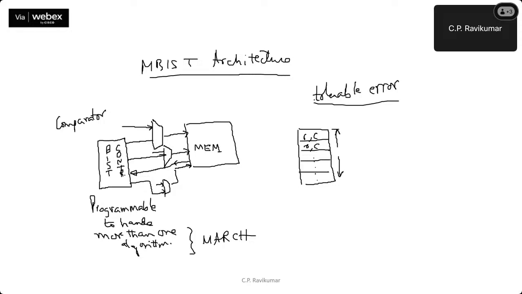But in memory, if let us say a cell is stuck at zero, imagine that memory represents some image. It is storing some image, and a few cells are stuck at zero or stuck at one. It may not make a big difference. It's application dependent.